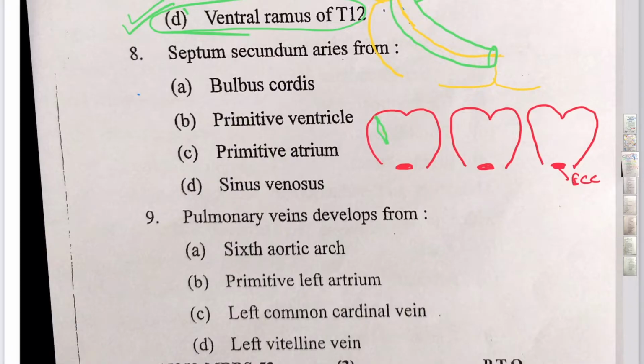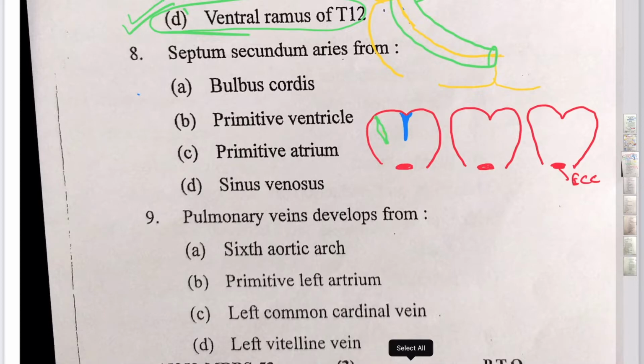Remember that. Now, by the beginning of the 4th week of intrauterine life, there is formation of the septum primum. The septum primum is formed by the folding of a groove on the outside by the 2 atrial chambers, and from the dorsal wall of the primitive atrial chamber the septum develops.